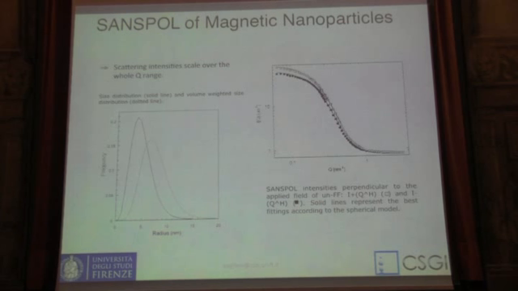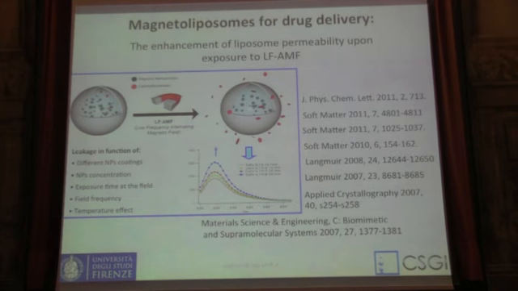To do that, you have to use SANSPOL, meaning polarized neutrons. It's a neutron polarization experiment, which is not common, but in this way you can get the distribution curve of the actual sizes and the magnetic responsive sizes of the nanoparticle. So this is just to show you that we have full control on this system.